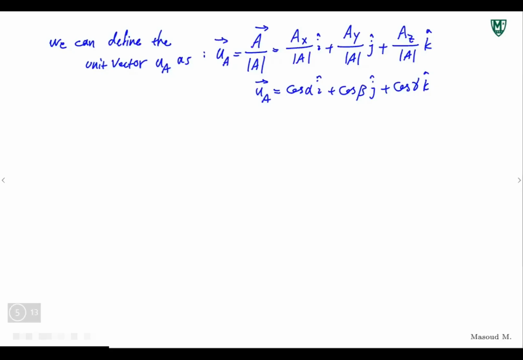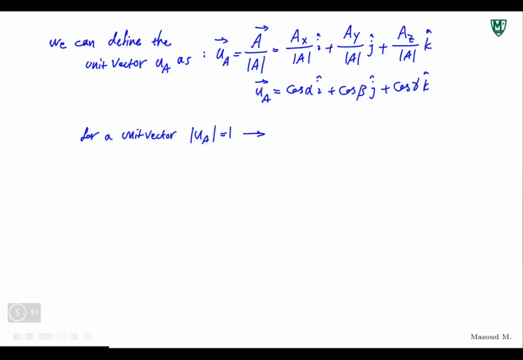Now, two things we know about a unit vector that can help us to calculate. Well, one thing technically we know, but another thing is more about what we can conclude from that. So we know for a unit vector, the magnitude is 1, so the magnitude of UA, not A, is 1.